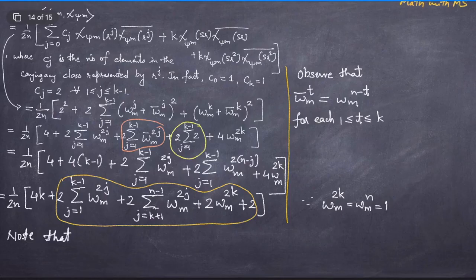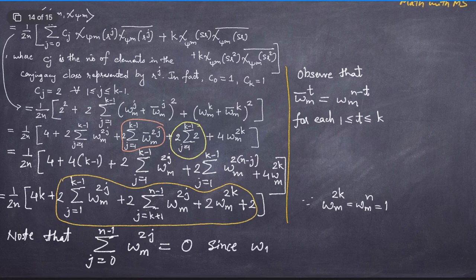Note that summation j going from 0 to n minus 1 of omega m to the power 2j is 0, since omega m square is not equal to 1 and it is an nth root of unity.